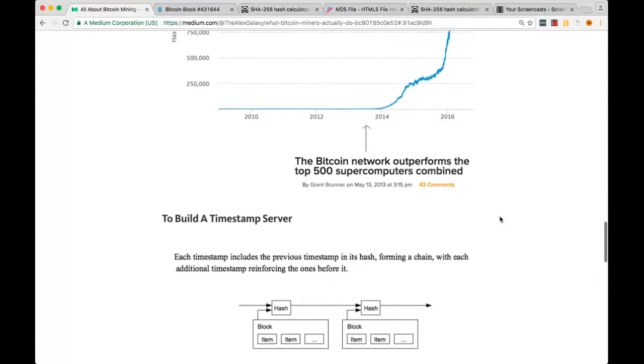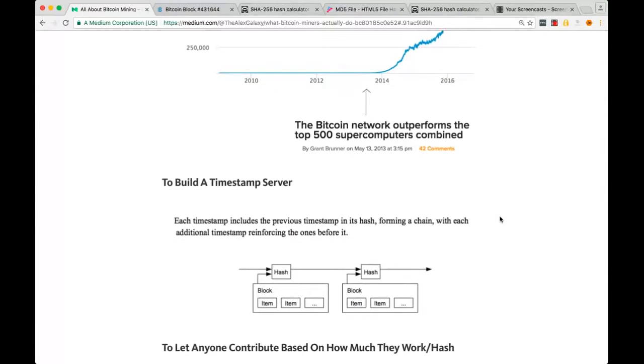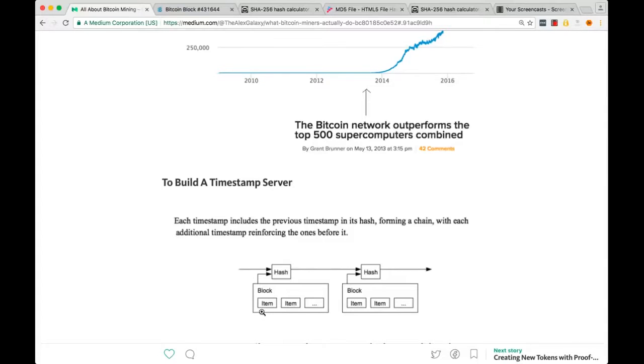So we're almost getting close to how Bitcoin mining works. In Satoshi's white paper, he went over how to build a timestamp server. He uses items, but he's basically referring to transactions. You can put all the current transactions into one file and hash them along with whatever history you have.